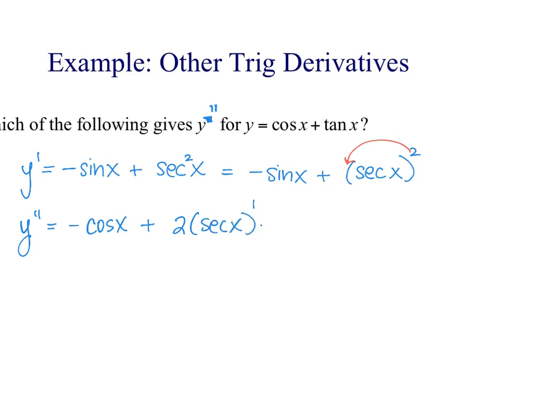And it technically also requires you to remember a rule that we haven't reviewed yet, but does apply here, which is the chain rule. And so you take the derivative of what's inside the parentheses also, which would be another secant and tangent. So a cleaner version of that would be the negative cosine of x plus 2 times secant squared x tan x.